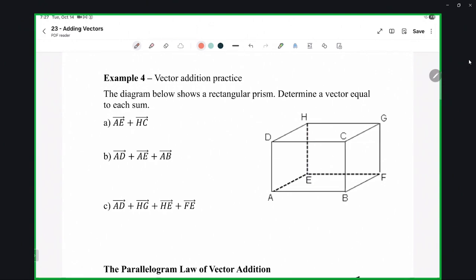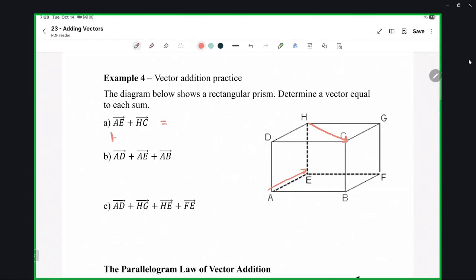Okay, so for the first one here, we have vector AE plus vector HC. So we already noticed that these don't appear to have any similarities, so we should sketch to see what they look like. So vector AE, so we start at vector A, end at E, and then we have vector HC. Trying to connect lines in a rectangular prism apparently is quite difficult. There it is here. And so we can see, they don't really match up head to tail. But we can recall the fact from the past that vector HC has an equivalent vector that is going to be convenient for us.